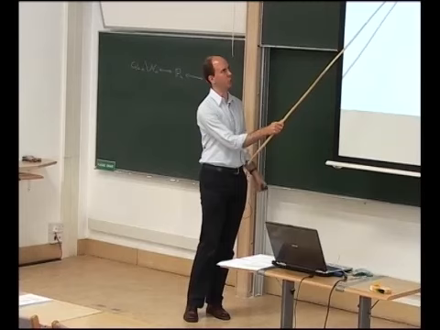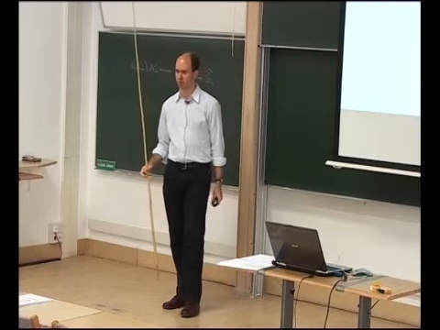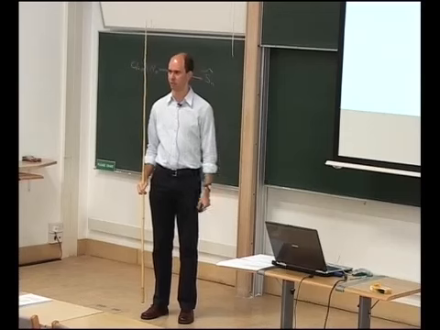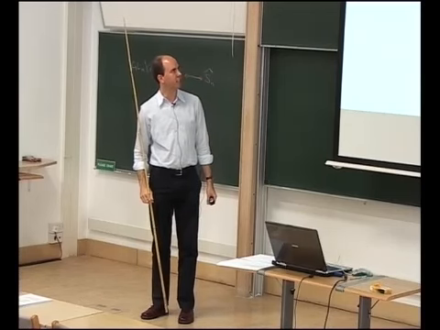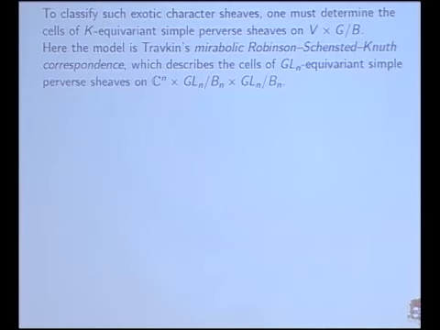So the orbits in that case, of course, if you didn't have the Cn there, the orbits are parametrized by permutations in the symmetric group Sn. So when you put the Cn in, you have to decorate the permutation in some way to show how the vector relates to the two flags. And so he's developed, in the last paper I've written up there, the mirabolic RSK correspondence.